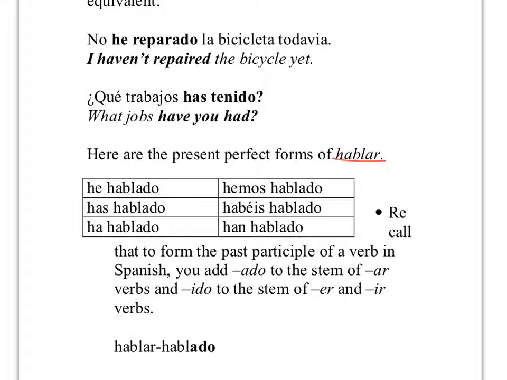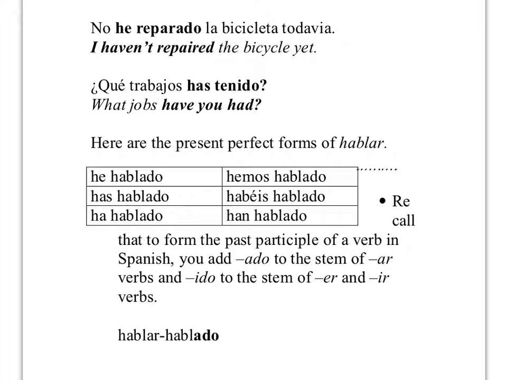Recall that to form the past participle of a verb in Spanish, you add ado to the stem of AR verbs, and ido to the stem of ER and IR verbs.